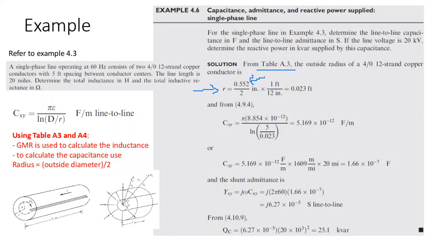Then you will divide the diameter by 2. The diameter is given in inches for the copper 12 strand conductor in table A3. Then you can change it into feet. It's up to you whether to change it into feet or meters.